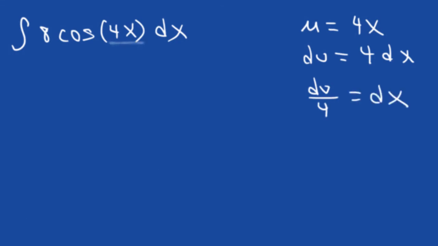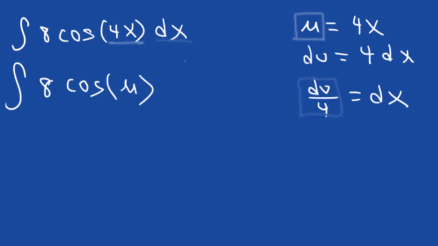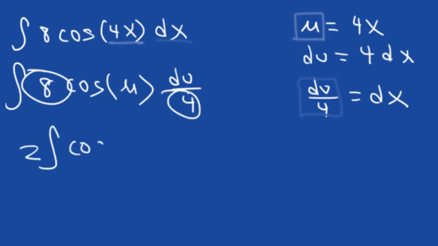So let's replace 4x with u, and let's replace dx with du divided by 4. So this is going to be 8 cosine u, and replace dx with the du over 4. So now we can divide 8 by 4. 8 divided by 4 is 2.